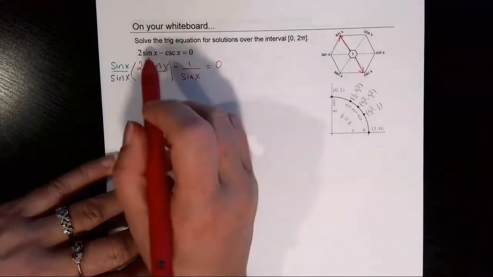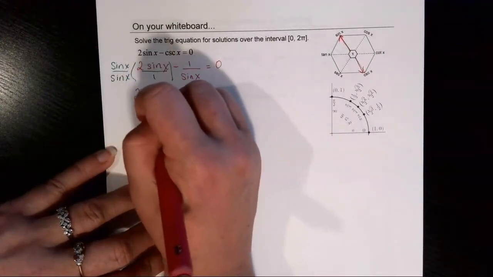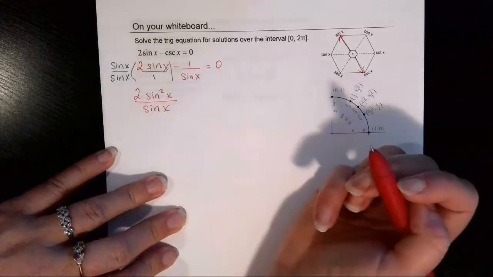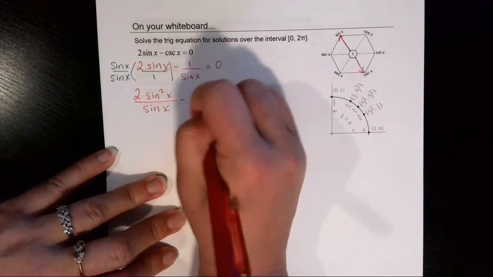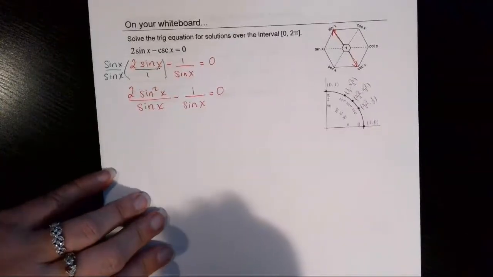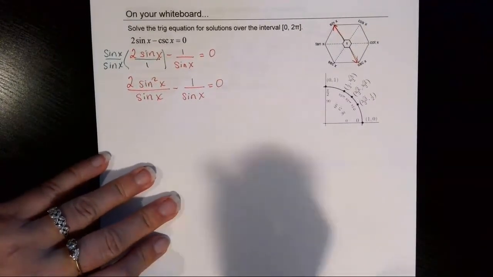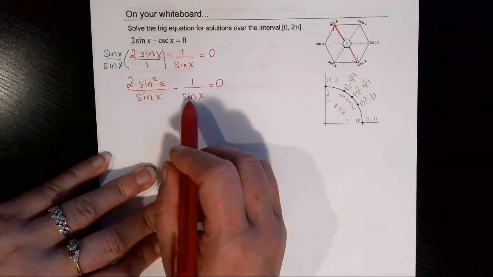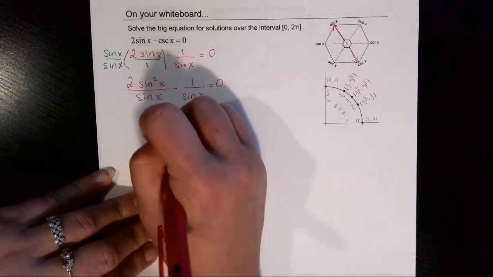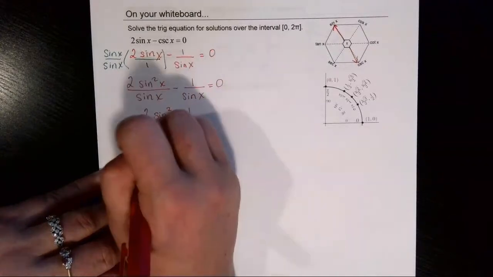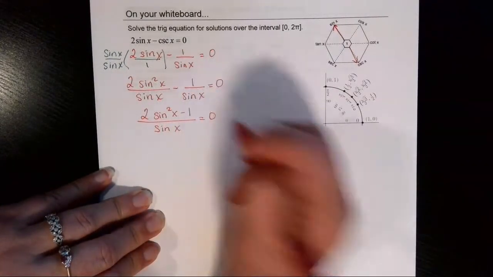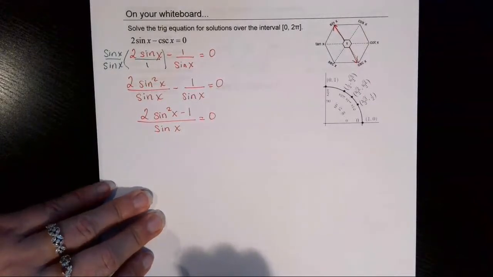And that will simplify to 2 sine squared x in the numerator over sine x in the denominator minus 1 divided by sine x, and that's equal to 0. Okay, now that I have a common denominator, I can subtract these numerators. So my next step, I'll have 2 sine squared x minus 1 all divided by that LCD sine of x, and that's equal to 0.